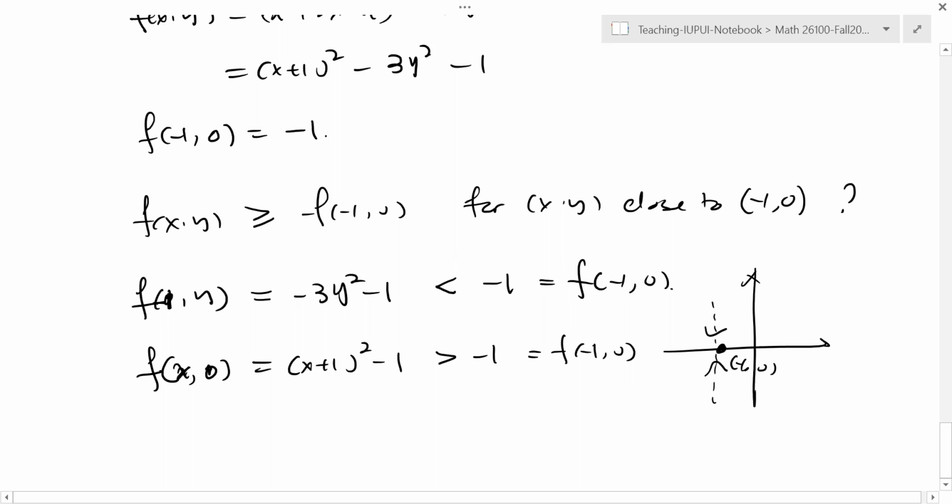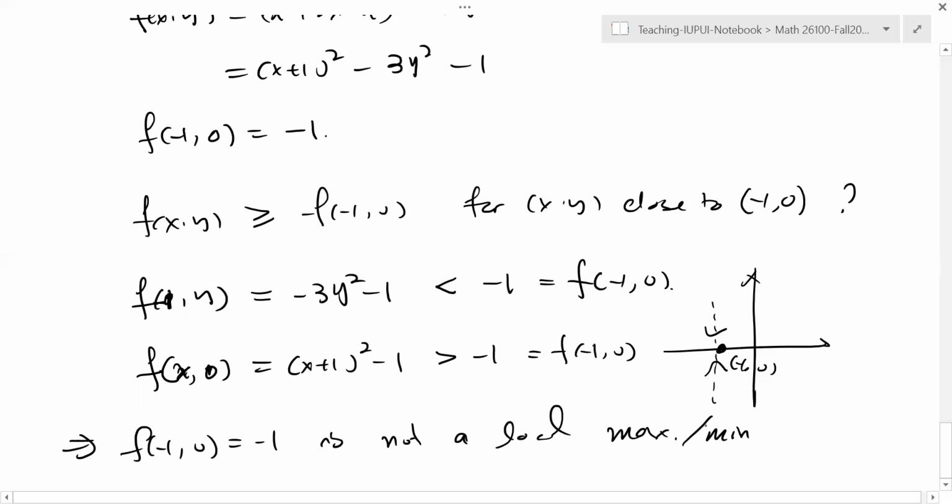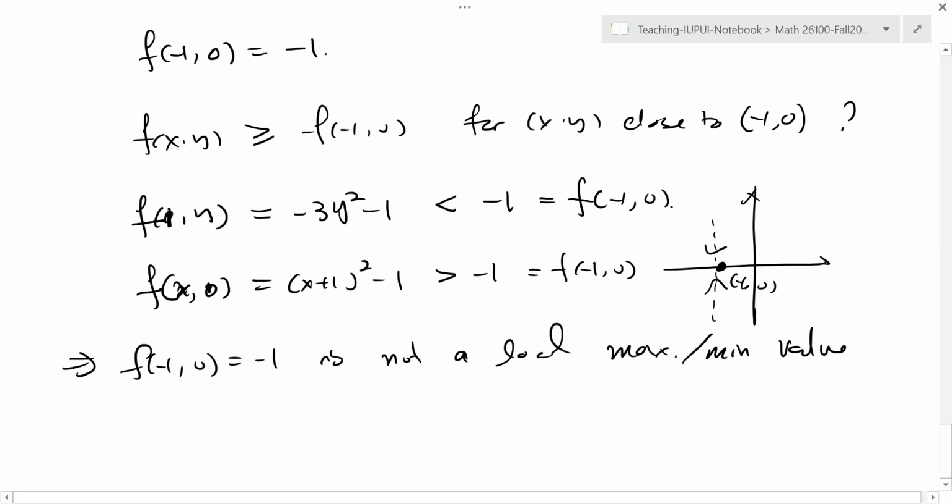So it's not always on one side. So this implies f of negative 1, 0, which is negative 1, is not a local maximal or minimal value. We get that directly because the function is easy to figure out.